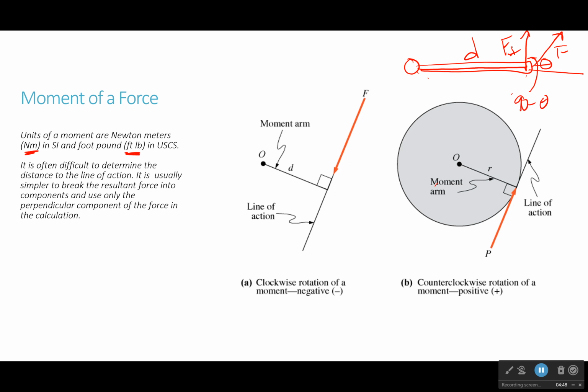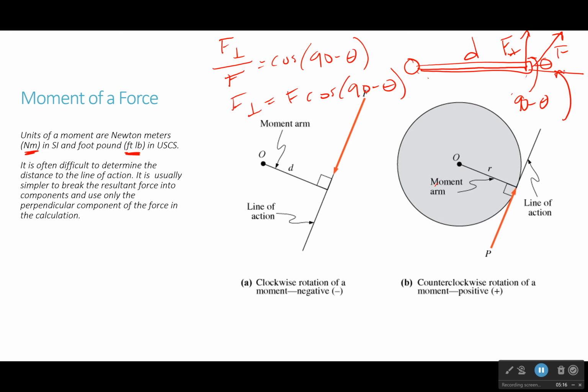And F perpendicular will be adjacent over hypotenuse. So F perpendicular over F would be equal to adjacent over hypotenuse, which is cosine of 90 minus theta. Okay? And therefore, F perpendicular equals F cosine of 90 minus theta.